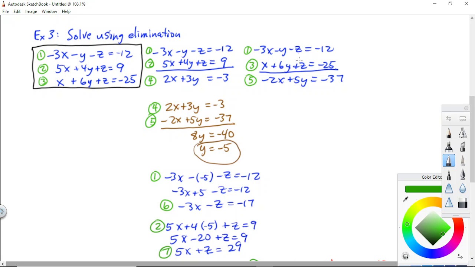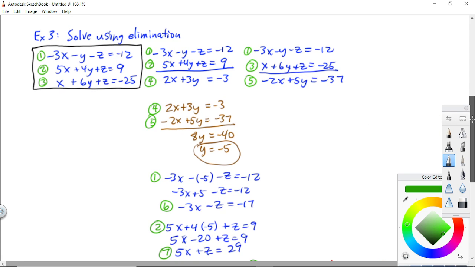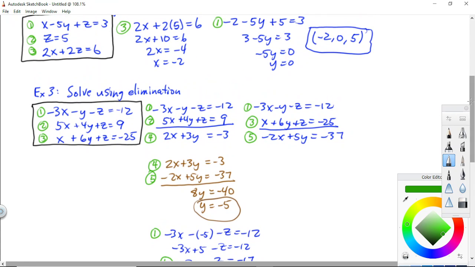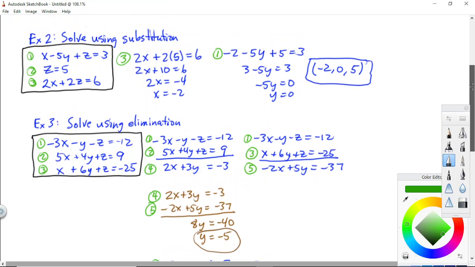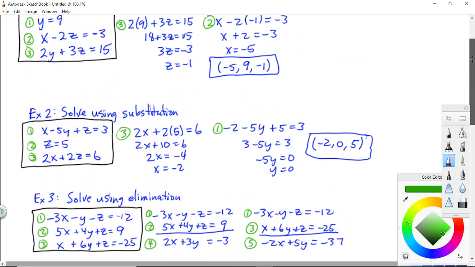We eliminate z using a different pair, 1 and 3 this time instead of 1 and 2, to get equation 5, which just has x and y, and then combine those to solve for one of the variables, in this case y. So that's a 3 by 3. That is 3 equations, 3 variables.